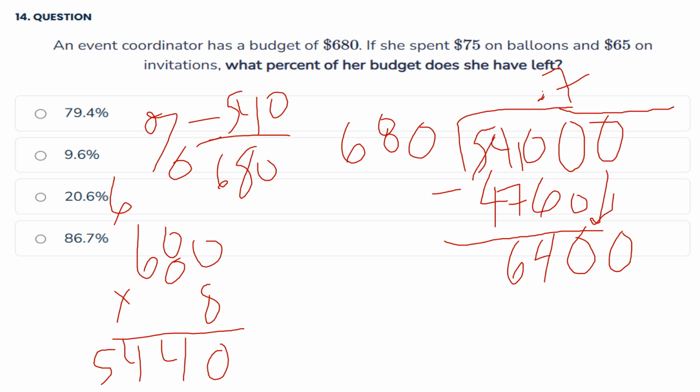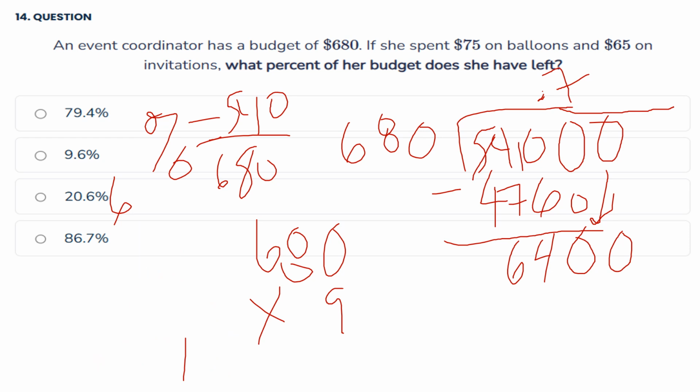Can you add another one? I think you can add another one. Let's do 680 times 9. So we're going to try to add another 680 into there. So let's do 680 times 9.